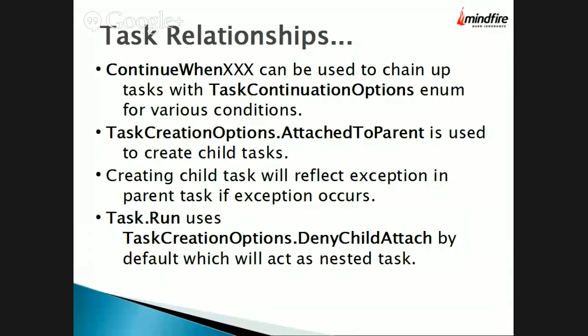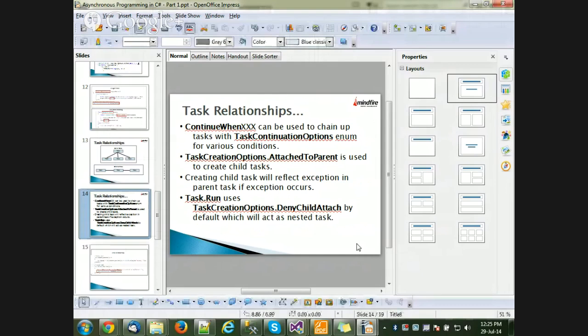When all would be done, then only. Continue with is for chaining up the tasks. So if we need a chaining of tasks, we can have this continue with. And as a parameter, we have something called task continuation option that we will be looking at. In the task creation option, we have attached to parent and deny child attach. Let me give an example on these points.